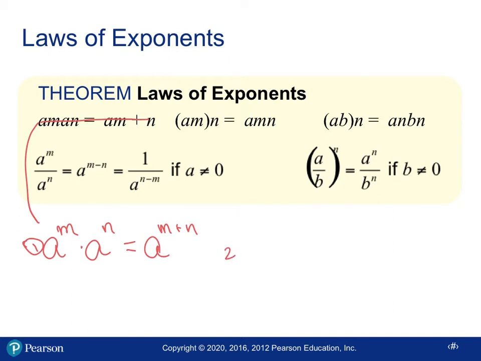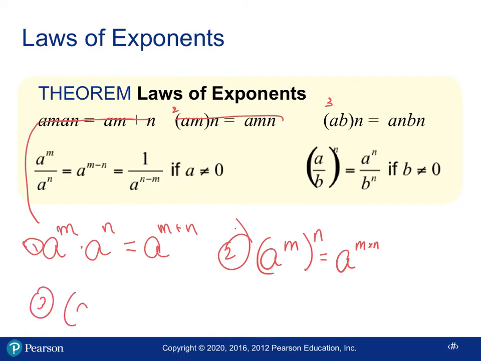The second one, which is here, should be a to the m raised to the n power is a to the m times n as one exponent. That's your second. Your third one would be, let's say you have ab raised to the n power. Well, that n, because it's multiplication within the factors, it's a to the n times b to the n.